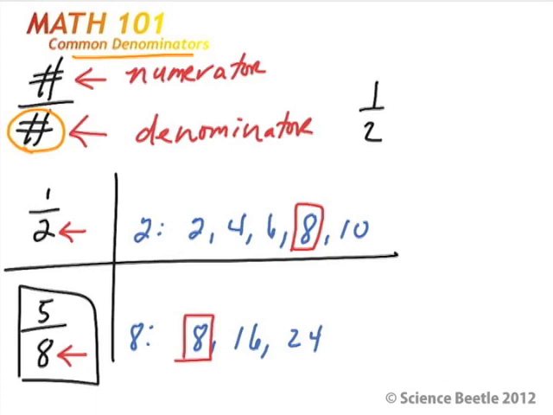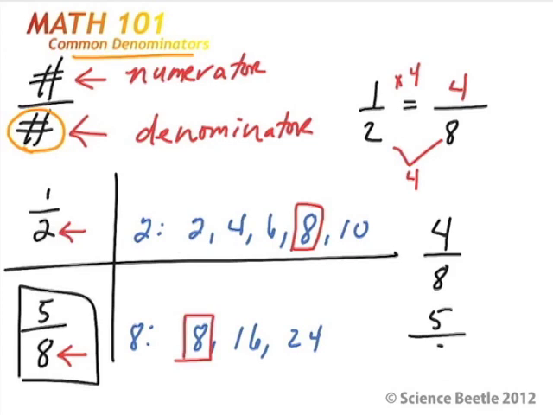So we ask ourselves, what number times 2 will give me 8? I know that 4 will give me 8. Whatever number I multiply the bottom by, I need to multiply the top by as well. So 1 times 4 gives me 4, and 4/8 is equivalent to 1/2. We can then say that 4/8 has a common denominator with 5/8.